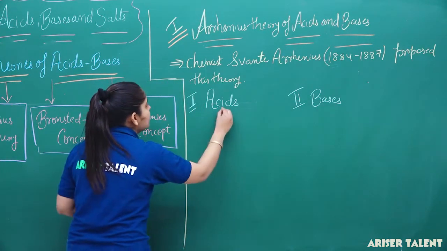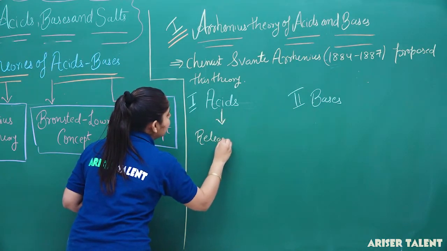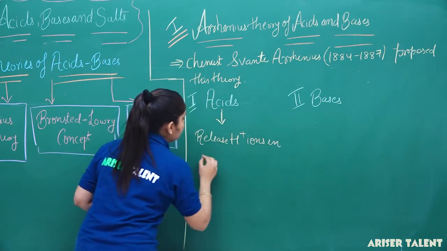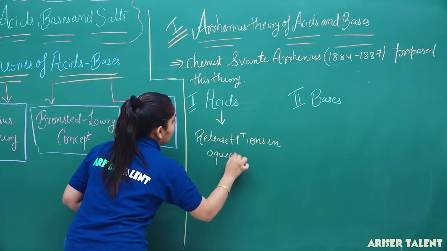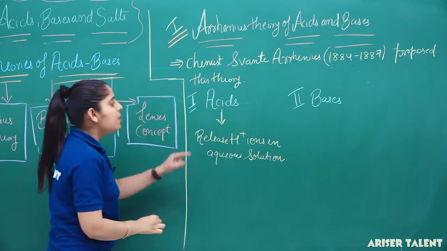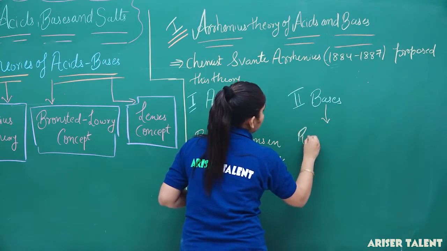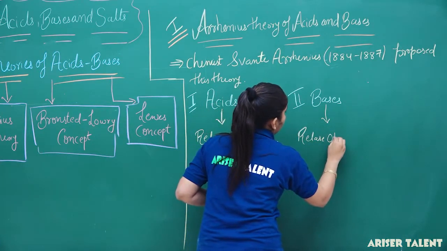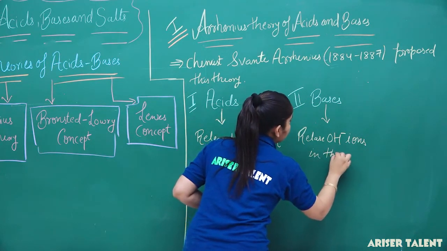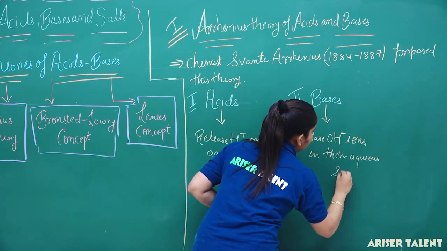H positive ions. So acids will release H plus ions in aqueous solution, and on the other hand, bases are those compounds which will release OH minus ions in their aqueous solution.